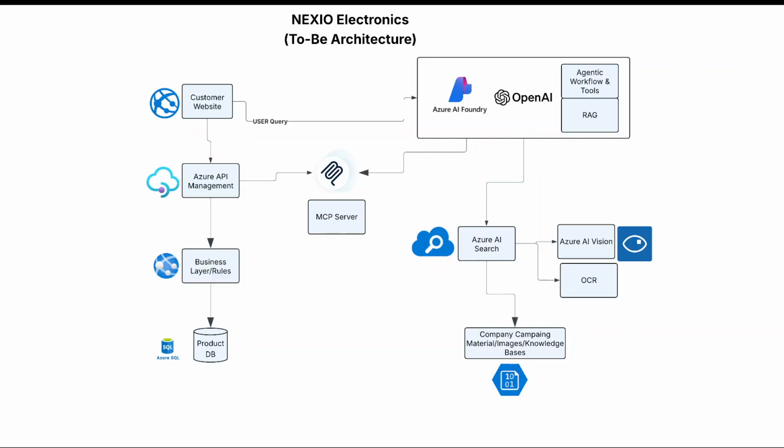We then went on and loaded the company's products images and other data into a blob storage. We implemented Azure AI Search, which then consumed that images data using indexers, data sources, and skill sets. We managed to extract the images OCR data.